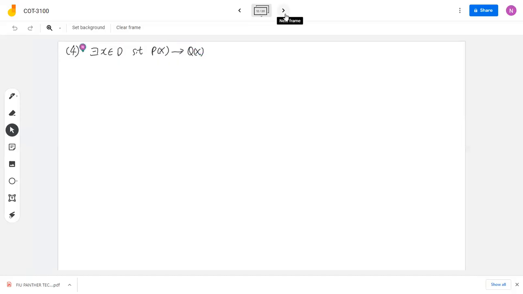And it's easy to see that the negation is equivalent to for all x in D, of course using De Morgan's law, P(x) and not Q(x).